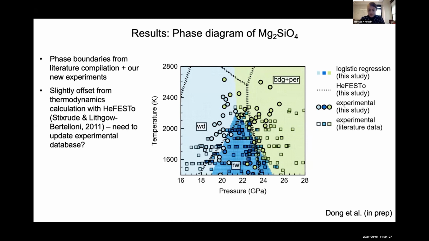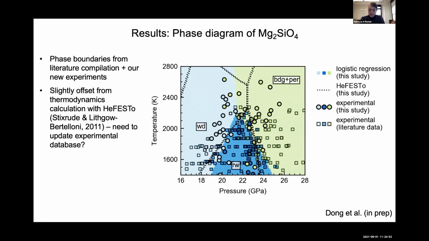Interestingly, we also calculated the phase diagram of Mg2SiO4 using HeFESTo, a thermodynamic code, and that's these dotted black boundaries you see here, which are a little bit of a different shape than what we see in the experimental data. And we think that might mean that the experimental database from 2011 needs to be updated with some of these newer data sets.